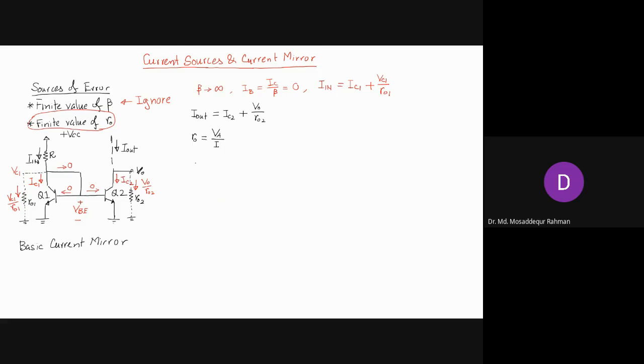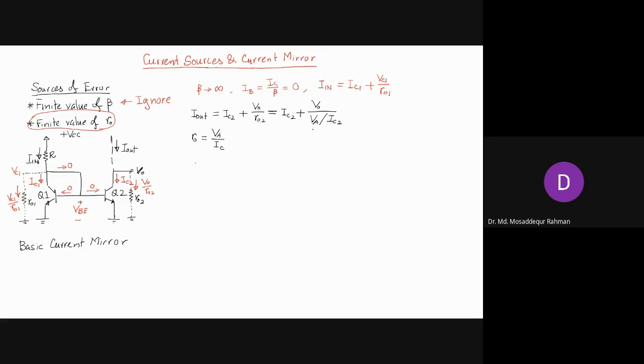So R naught is also a function of the collector current IC. The output current we can write as IC2 plus V naught divided by VA over IC2.